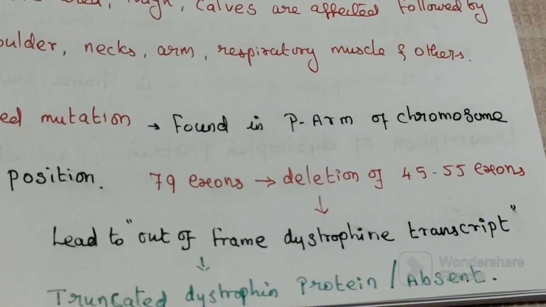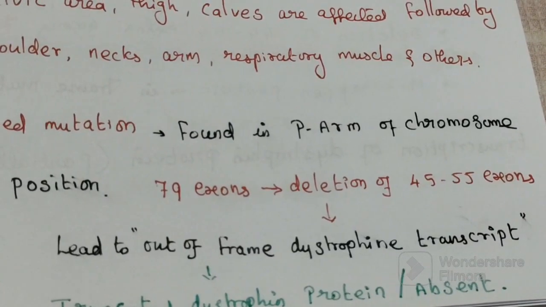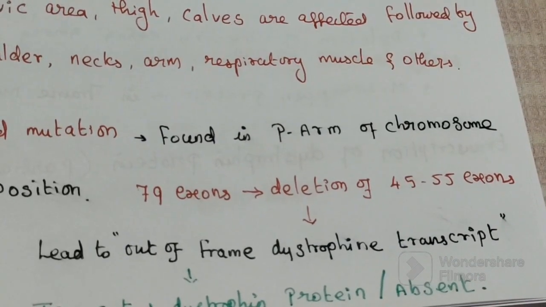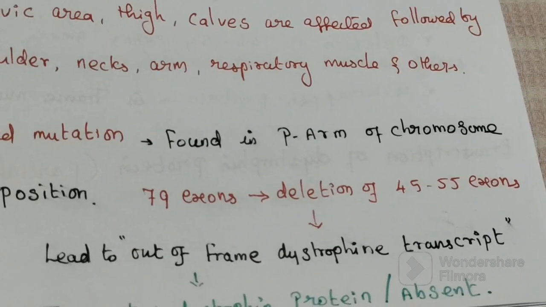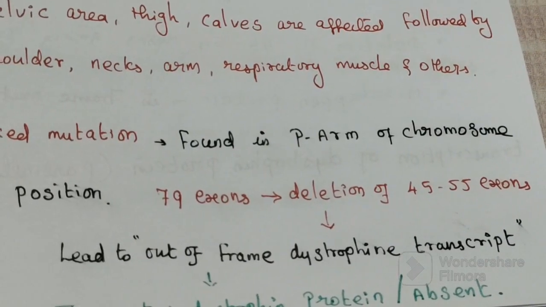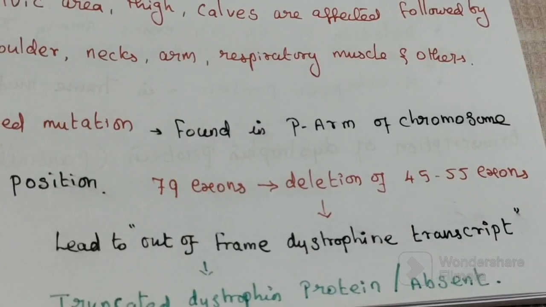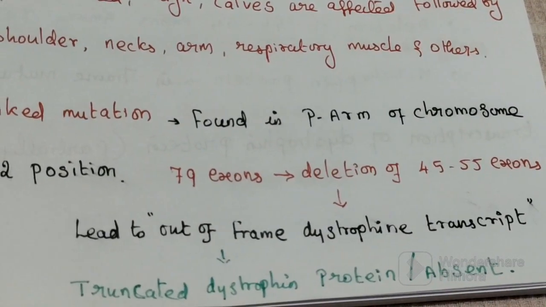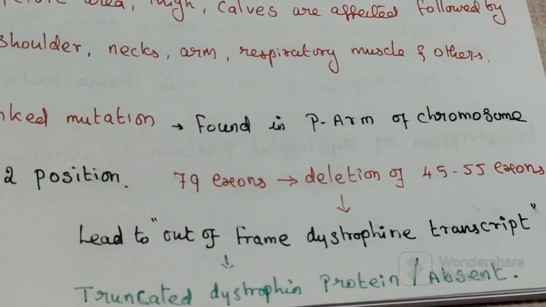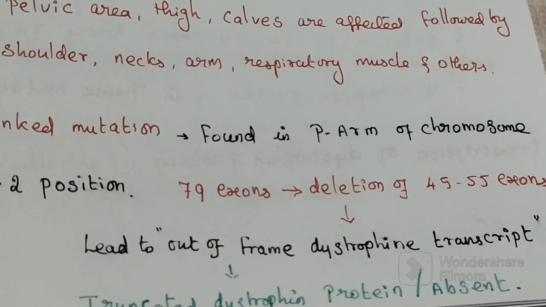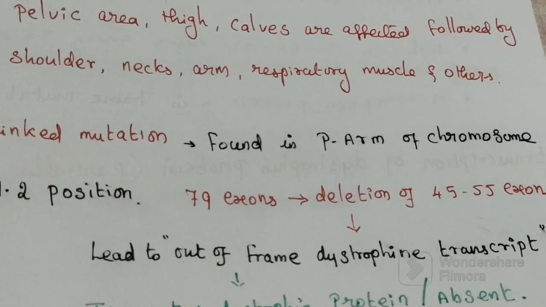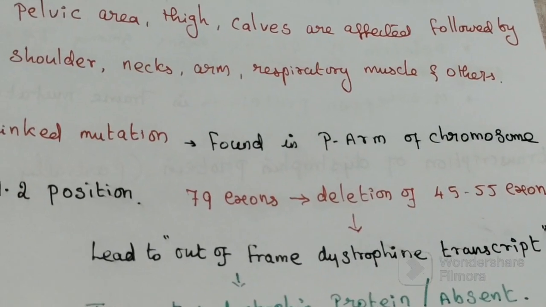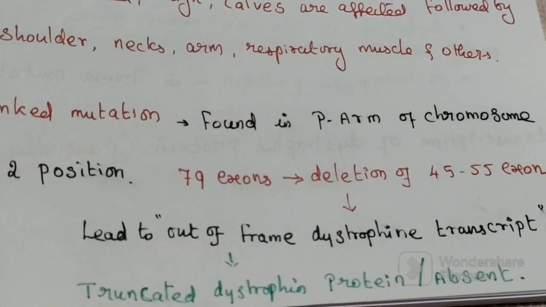Among these 79 exons, there is deletion of exons 45 to 55, which leads to an out-of-frame dystrophin transcript that gives rise to truncated dystrophin protein, or sometimes the protein is absent, eventually leading to DMD, that is Duchenne muscular dystrophy.